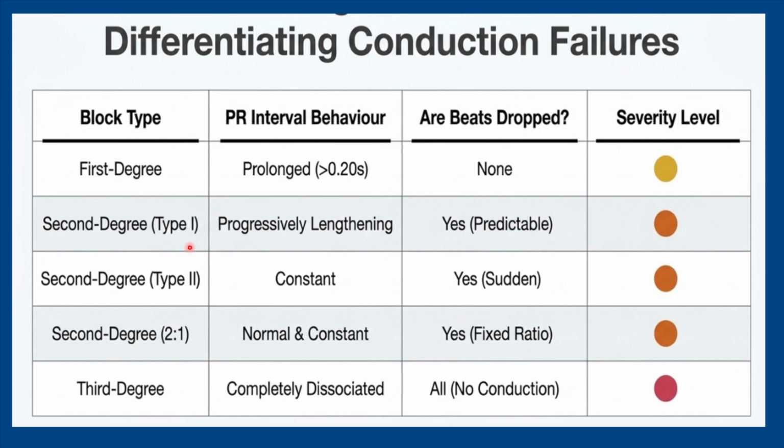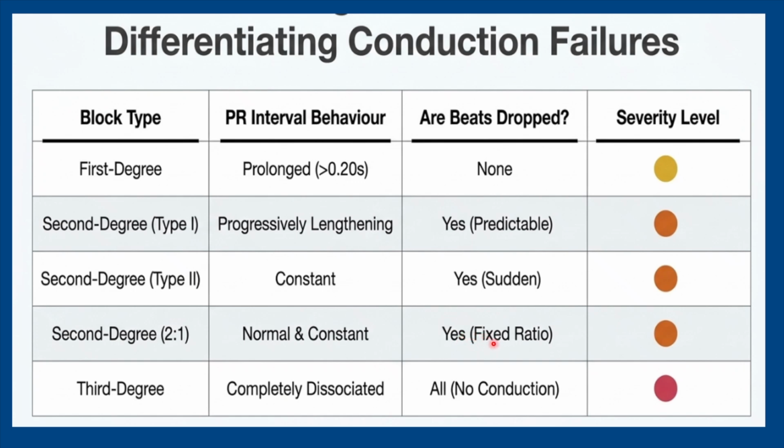Second degree Mobitz type 1, there is progressive lengthening of the PR interval and then a dropped beat, and then it restarts again, progressive lengthening and dropped beat. Second degree type 2, you have constant PR interval, but you have occasionally dropped beats. Second degree 2 to 1, normal and constant PR, but you have fixed ratio dropped beats.